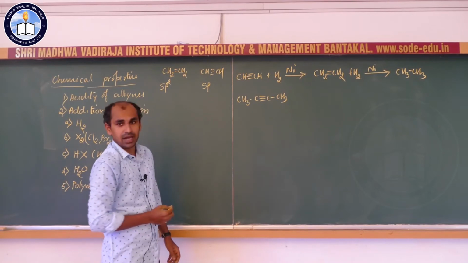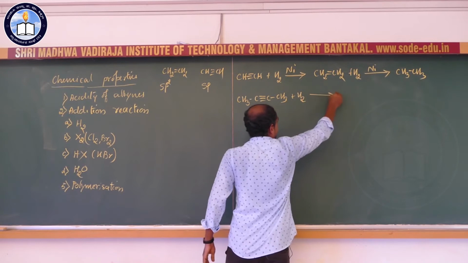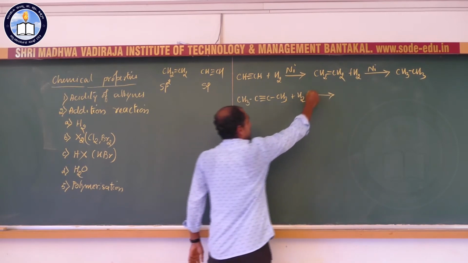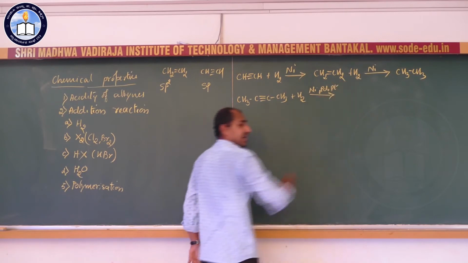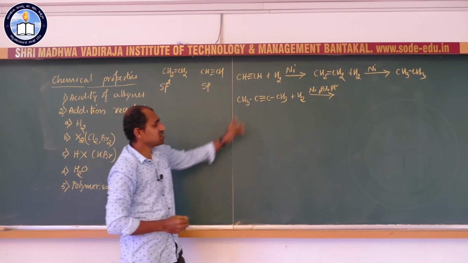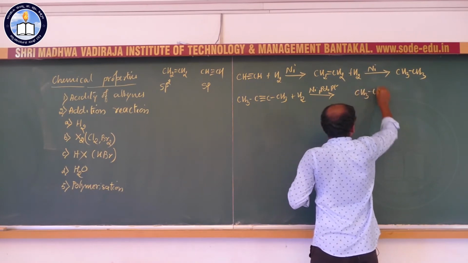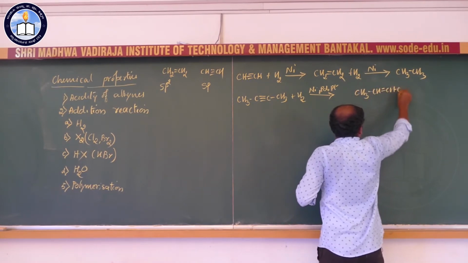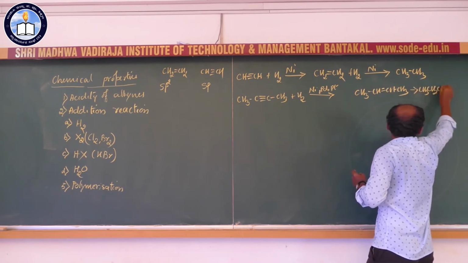It is a 2-butyne. If you treat with hydrogen in the presence of a catalyst like nickel, palladium or platinum, any catalyst you can use, in such case, we end up with the corresponding alkene, and finally this alkene is converted into alkane.